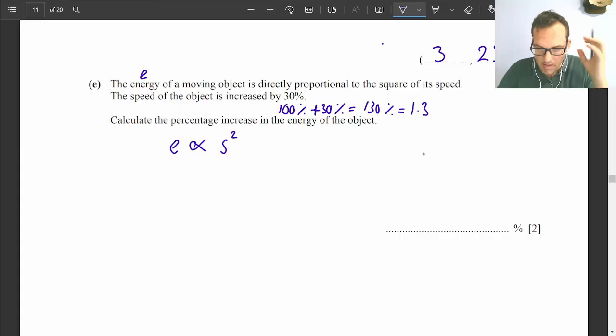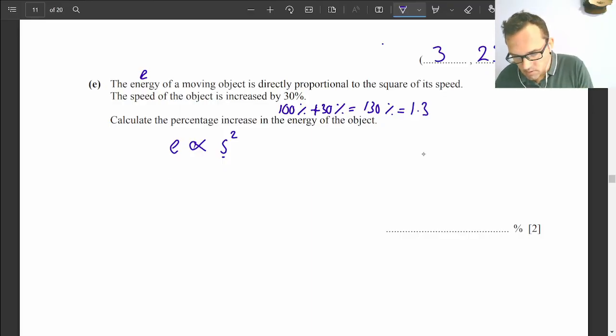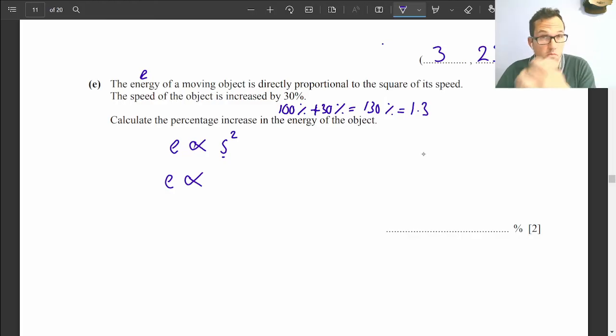So we've now taken the speed and increased it by 1.3. Imagine the speed was 100%, which means it was 1. It is now 1.3.